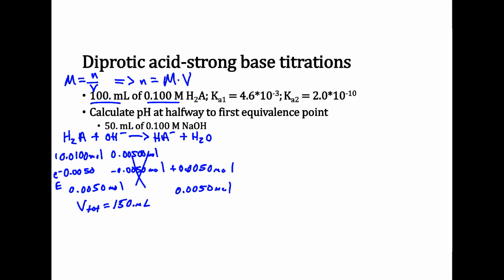Now we're going to set up another ice chart. The slight difference is that we have an initial concentration of H2A and also HA minus.